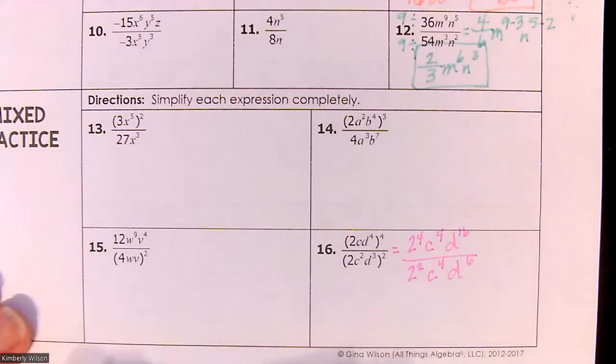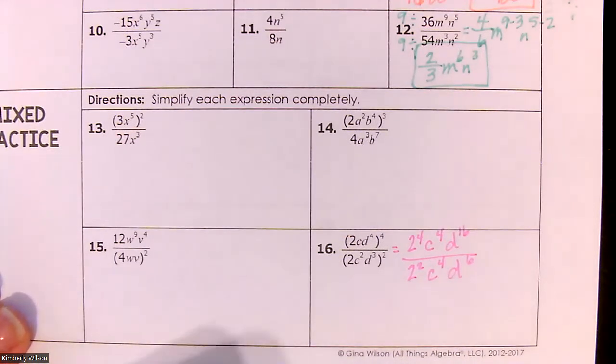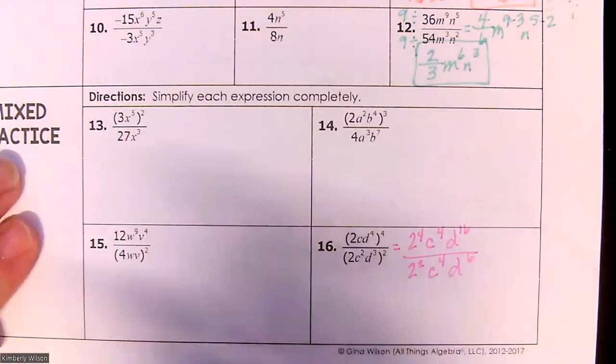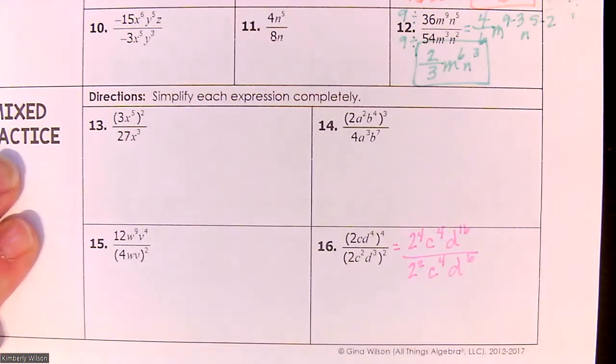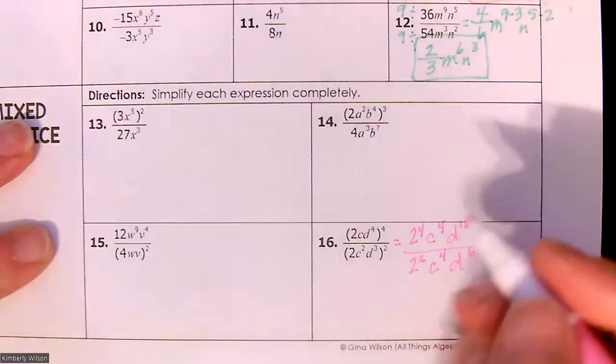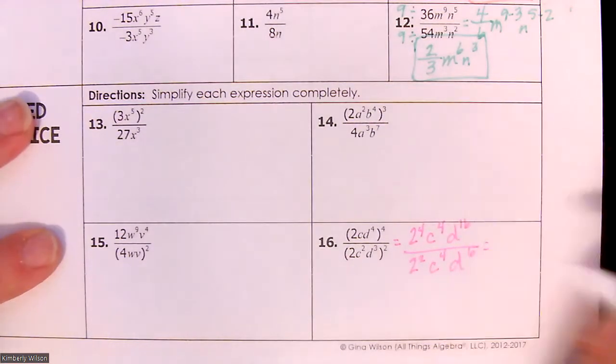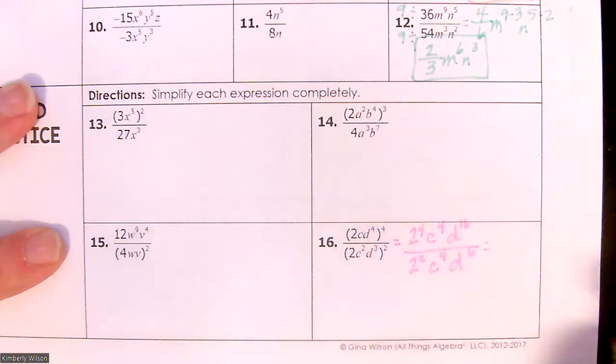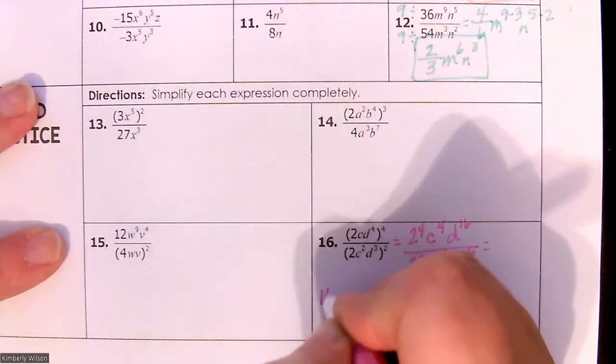Okay, so here we go. Now we've got to start simplifying. That means we get to use the handy dandy calculator to figure out what 2 to the 4th is, unless you're smarty party and know what 2 to the 4th is. So it's 16.